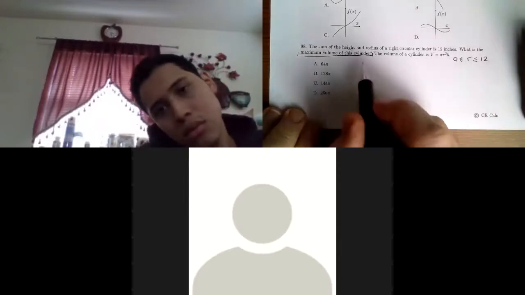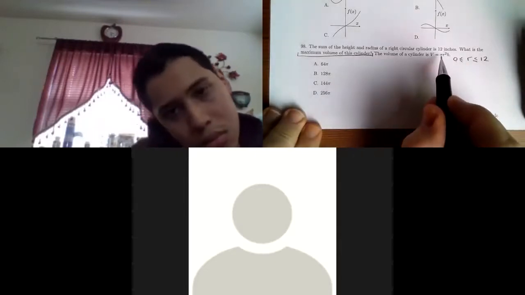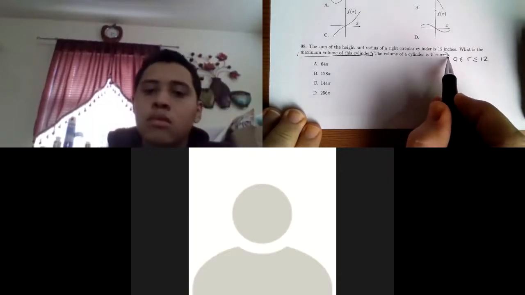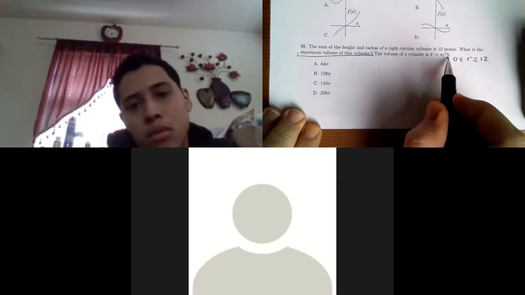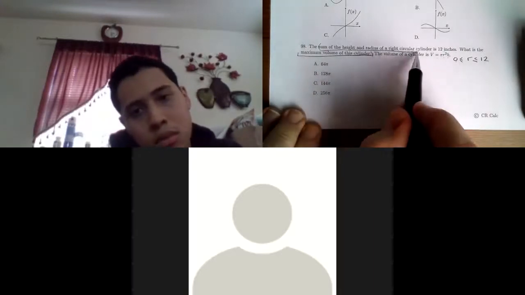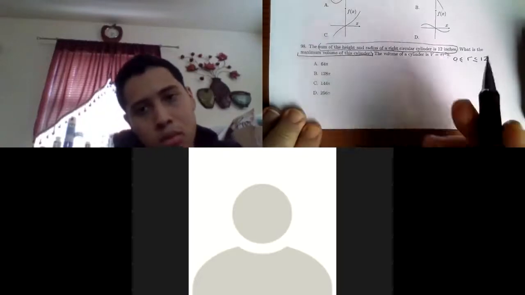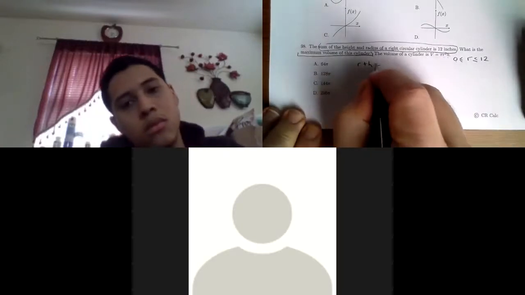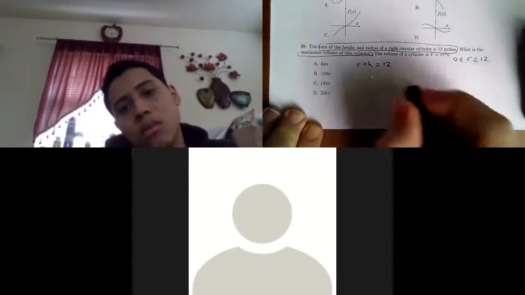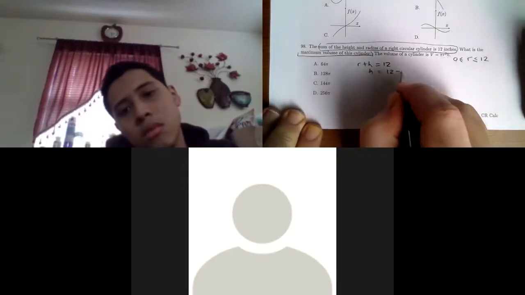Well, the other problem that we have is that the volume formula is in terms of r and h. We don't want to do this using implicit differentiation if we can avoid it, and we can avoid it because we've got this statement up here that the sum of the height and the radius is 12. So we know that r plus h is 12, so h is 12 minus r.